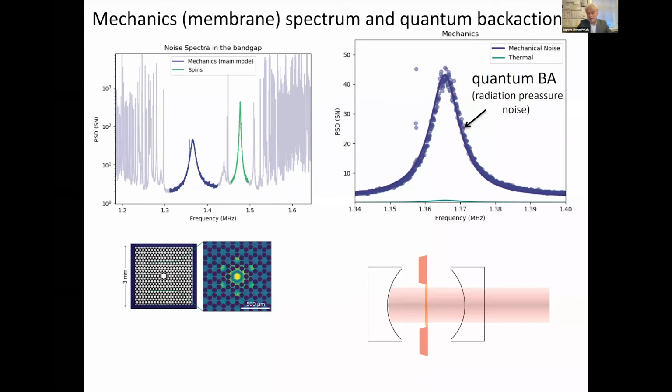So when I now shine light on this system, I shine it continuously and I keep measuring. And as I told you in the beginning, if I keep measuring an oscillator, if I do it right, the quantum mechanical back action will actually dominate the measurement imprecision.